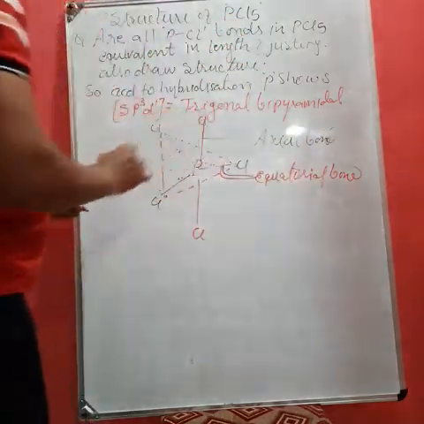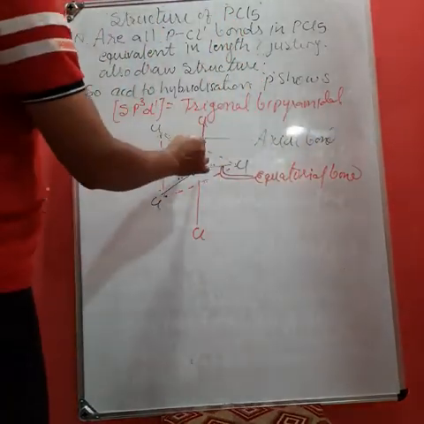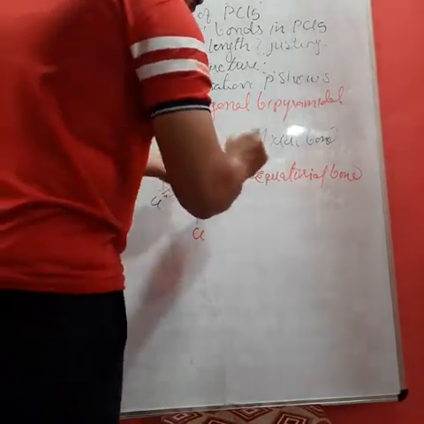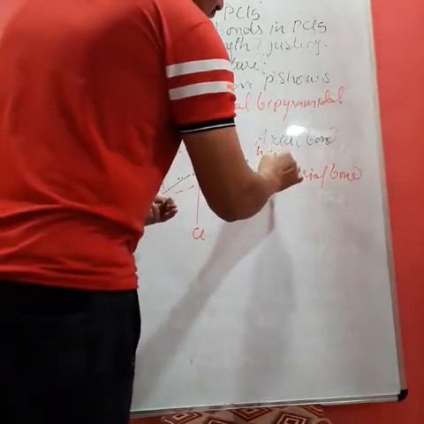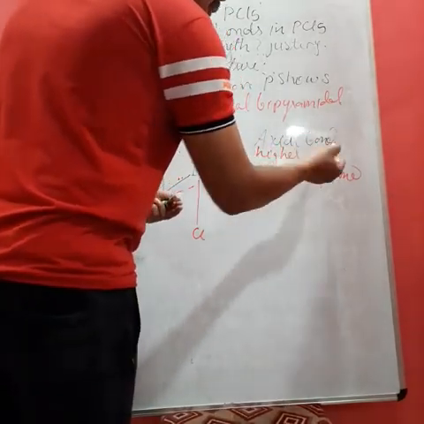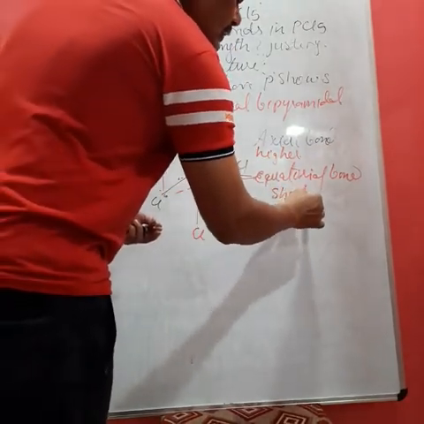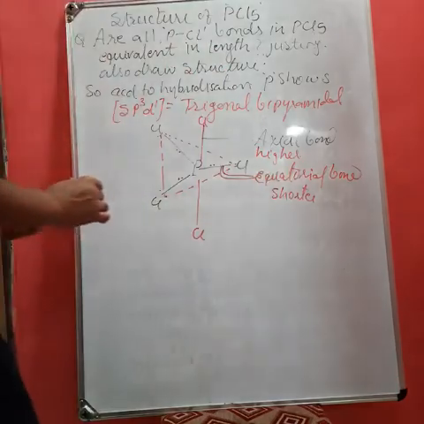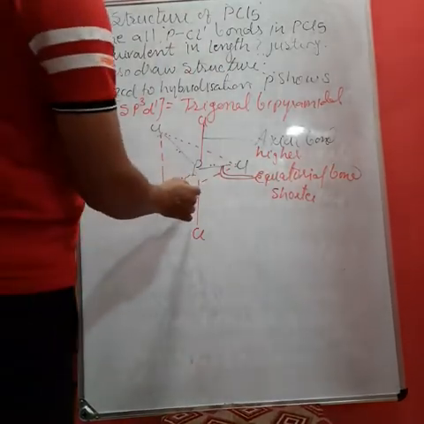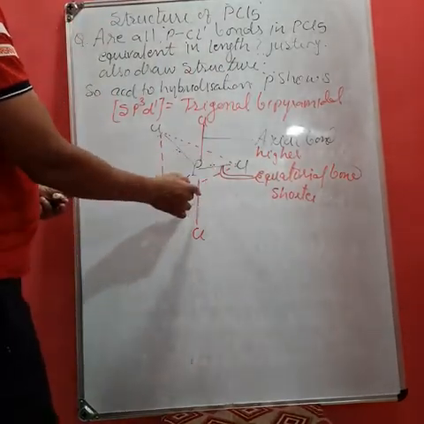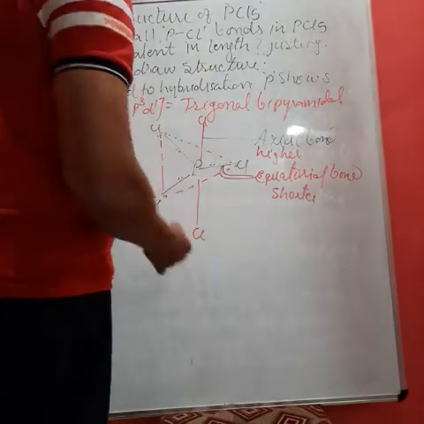So there are 2 types of bonds. Now the bond length is slightly higher due to more repulsion, while the other is little shorter. Like here you can say this is only 200 picometer and this is 202 picometer.